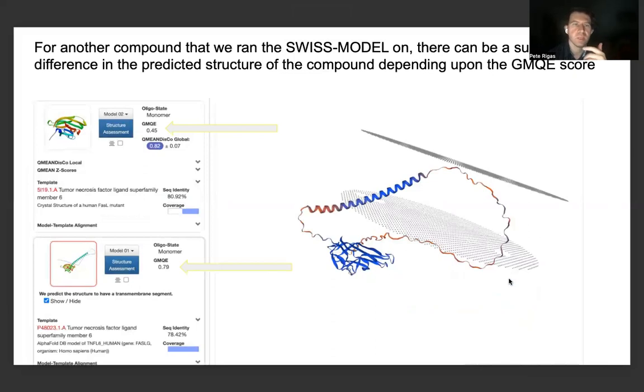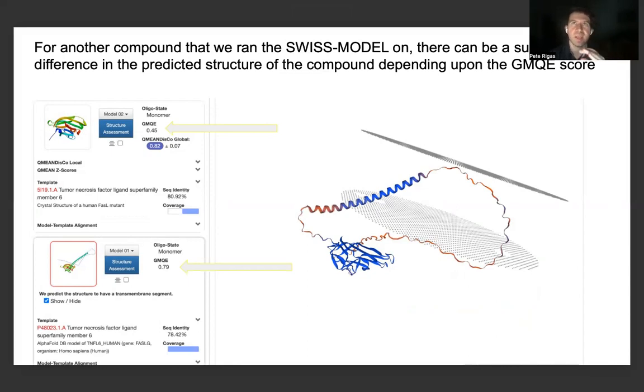So even for another compound that we ran the Swiss homology model on, there can be a substantial difference in the predicted structure of the compound depending on the GMQE perceptron score that we had listed and been describing in the previous slides. For instance, we can see that there can be some substantial difference in either the sequence identity or the GMQE score.